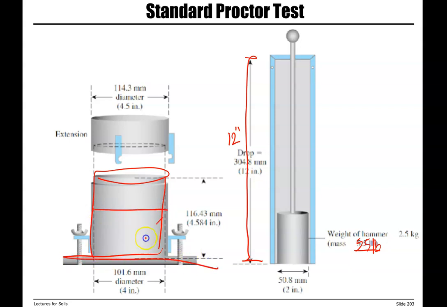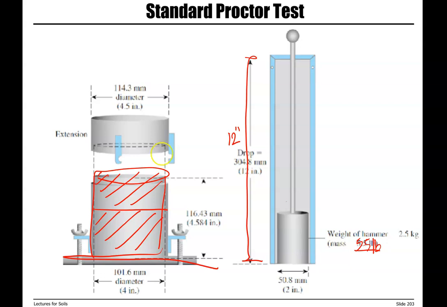Put soil in the mold in 3 layers. First layer, compact 25 number of drops. Put the second layer of soil, another 25 number of drops.